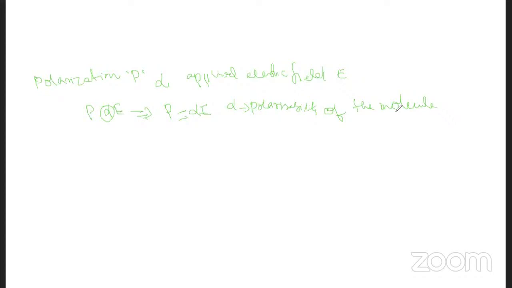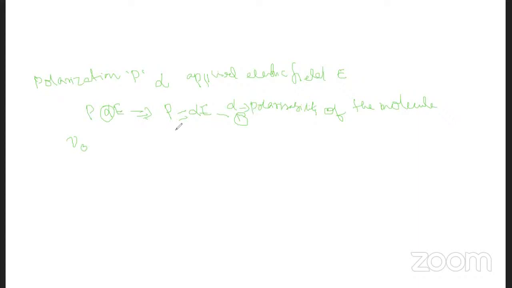So when a radiation of frequency nu naught is allowed to fall on the molecules, each molecule experiences a varying electric field. This is equation 1.